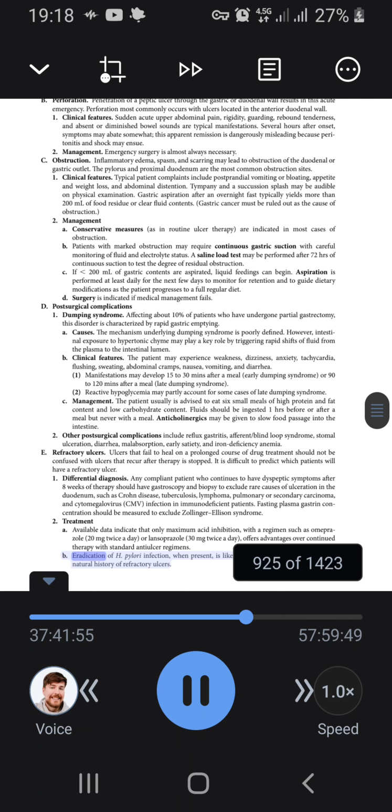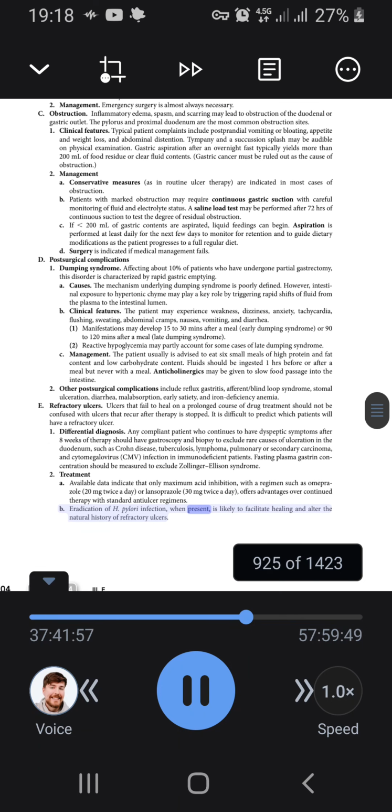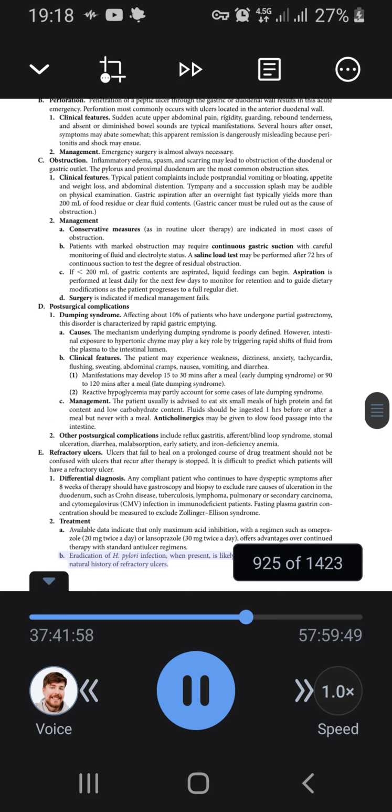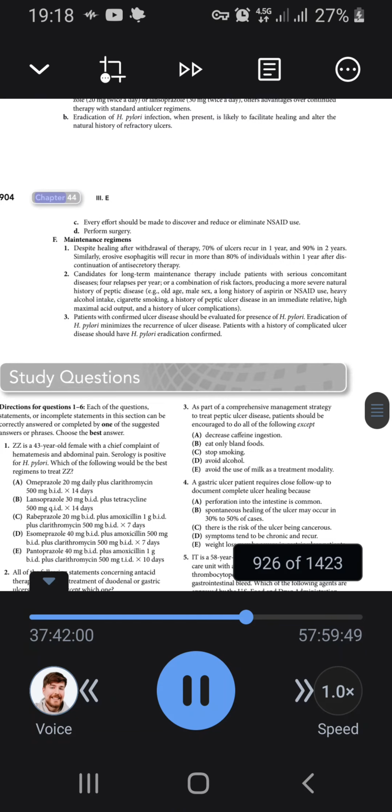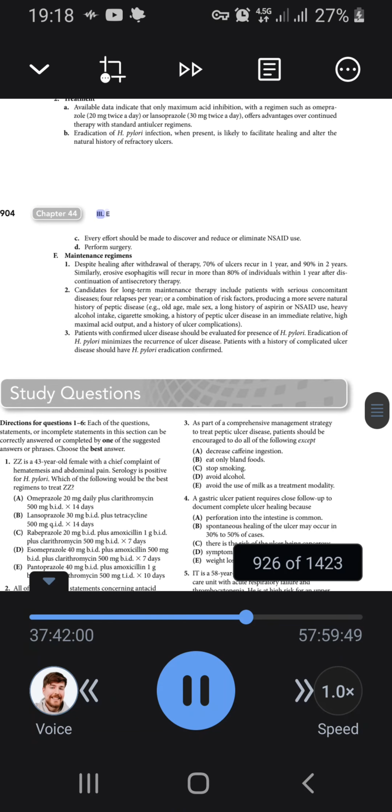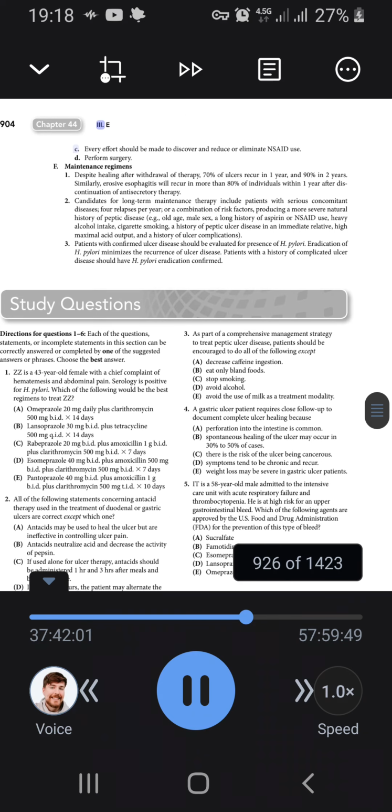B. Eradication of H. pylori infection, when present, is likely to facilitate healing and alter the natural history of refractory ulcers. 904, Chapter 44. C. Every effort should be made to discover and reduce or eliminate NSAID use. D. Perform surgery.